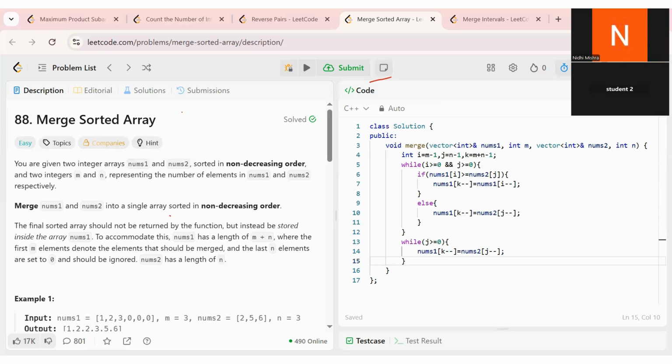And if i and j become equal, then we'll return. Wait, just give me 2 minutes. I will get that question, because now we have to solve the test cases, as it will be a complex one.